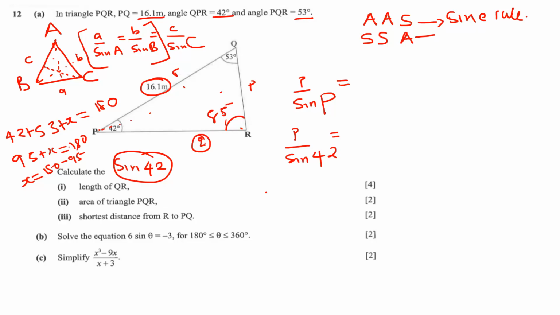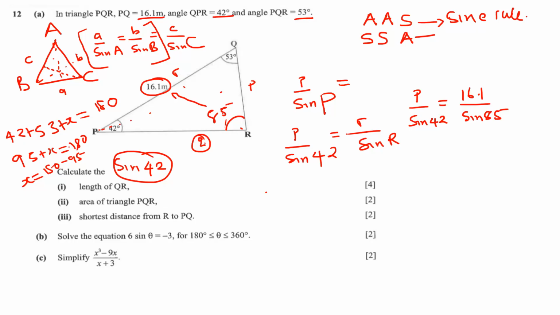Therefore, we can use this angle and the side, that part, to find P. So you're going to say R over sine R. If we were to rewrite it now, it's going to be P over sine 42 equal to R, which is 16.1, over sine 85.